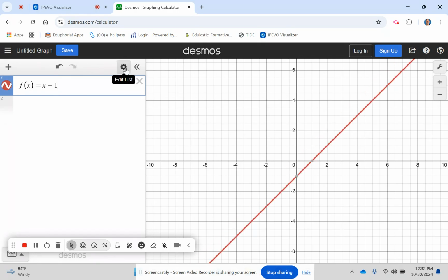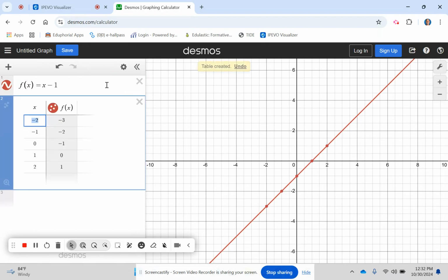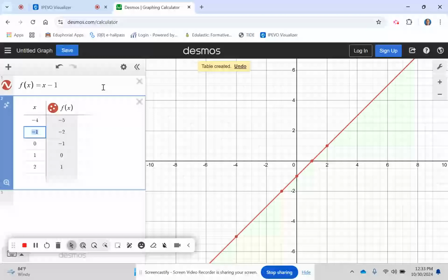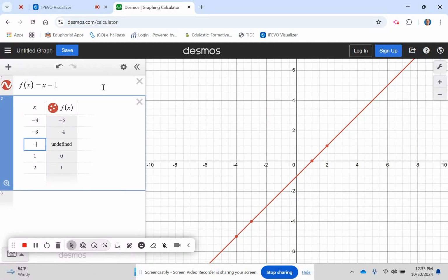We're going to click this circle right here, the edit list, click on table, and then we're going to change the values to -4, -3, -2, -1, 0, 1. All right, let's go ahead and complete the table.